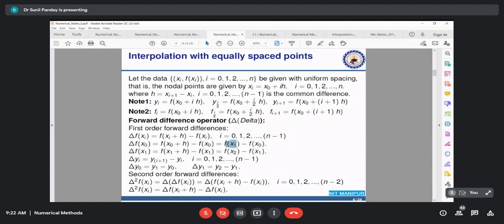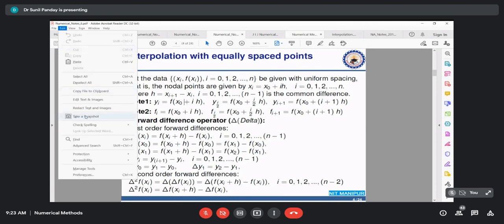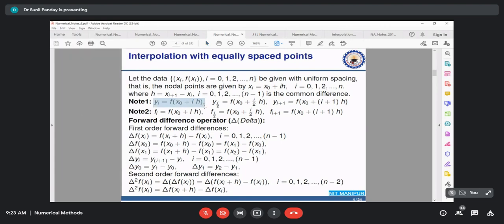Sometimes we denote f of x0 by y0, f of x1 by y1, and f of x2 by y2. So f of x0 plus ih, we represent by yi.